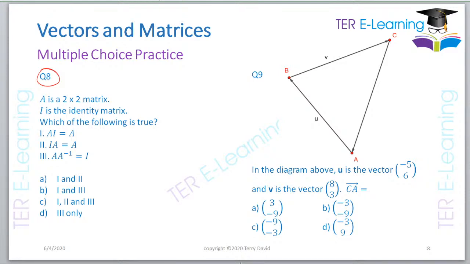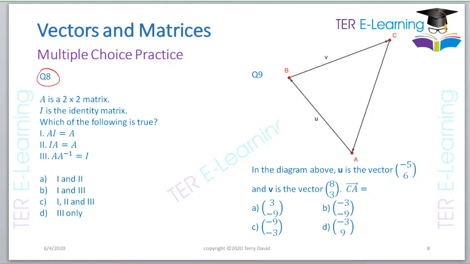Which of the following is true? All right, I find the answer's not coming for question 8.